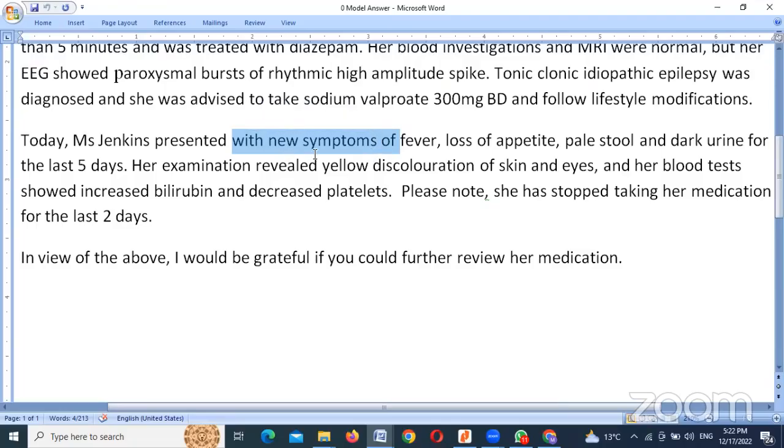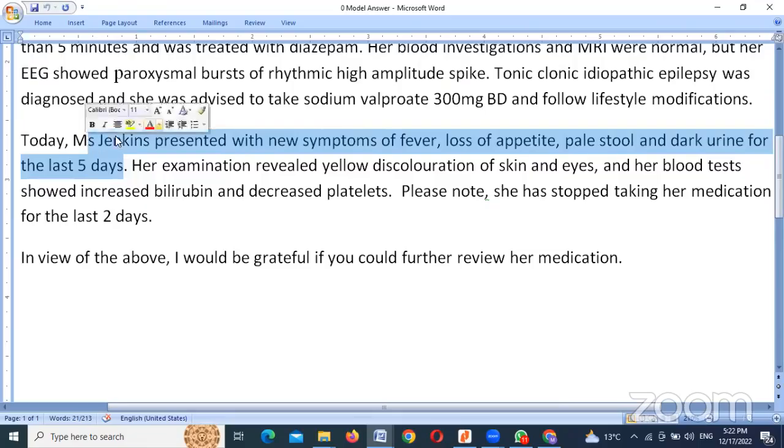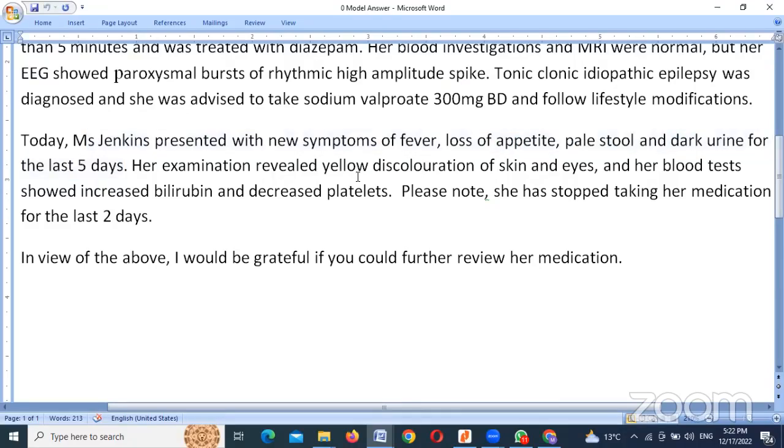New symptoms of fever, loss of appetite, pale stool, and dark urine for the last 5 days. Now my sentence is easy to understand. If I add yellow discoloration of skin and eyes here, this sentence would become long. So her examination revealed yellow discoloration of skin and eyes, and her blood tests showed increased bilirubin and decreased platelets. Easy. Please note she has stopped taking her medication for the last 2 days.